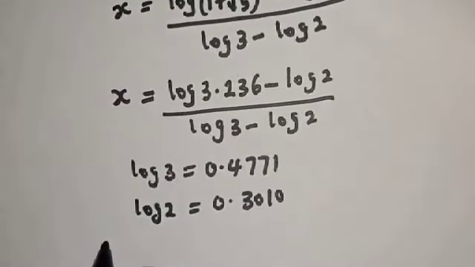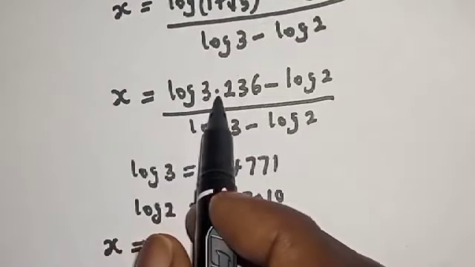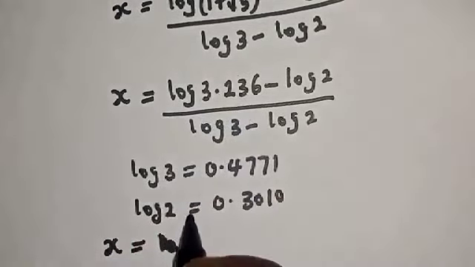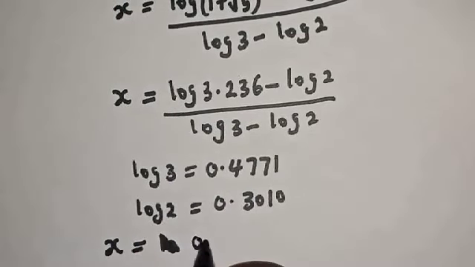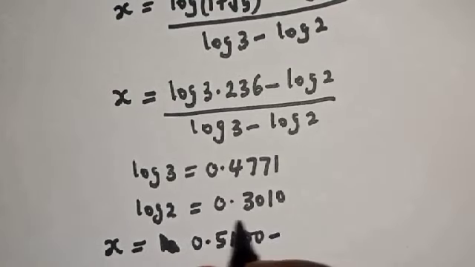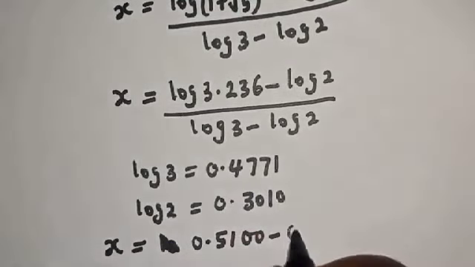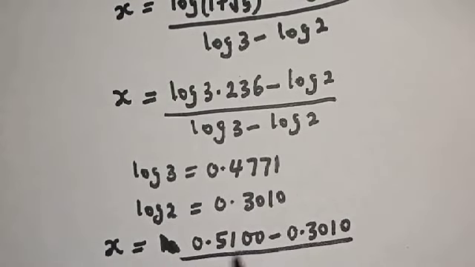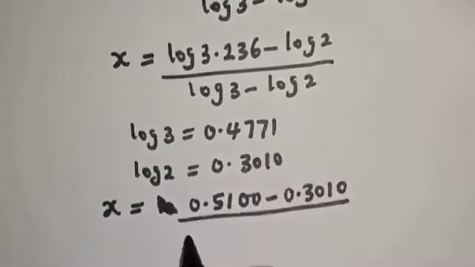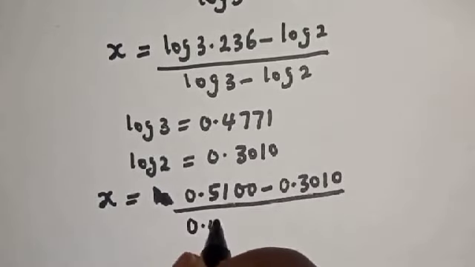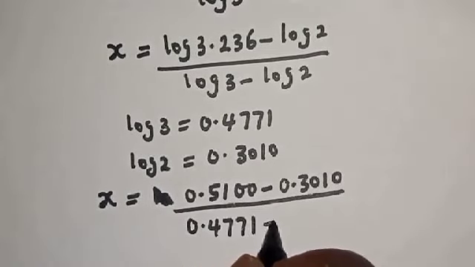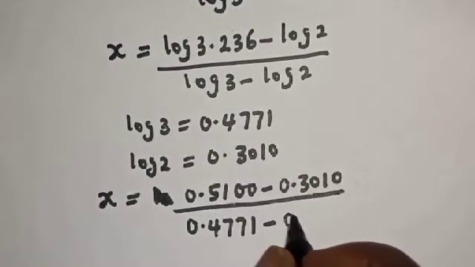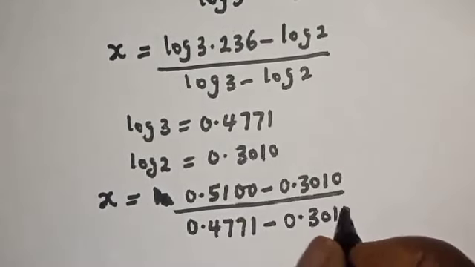Now let's substitute. x is equal to log 3.236 is 0.5100 minus log 2 is 0.3010, divided by log 3 is 0.4771 minus log 2 is 0.3010.